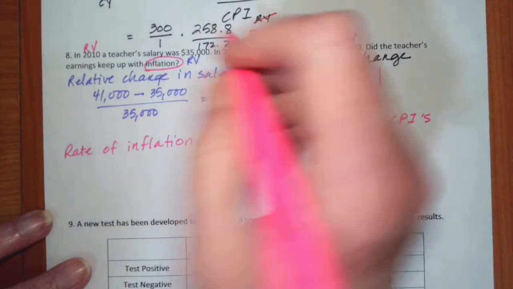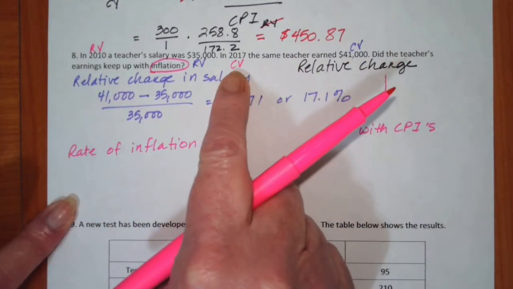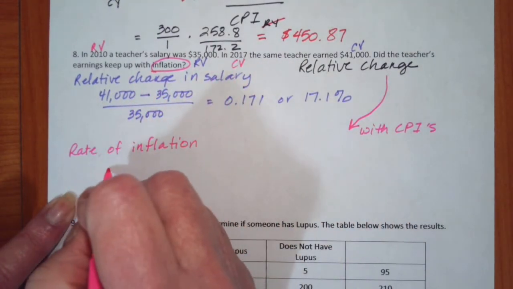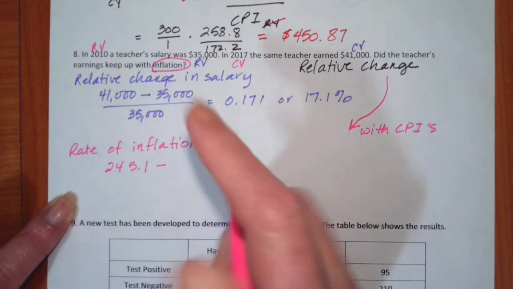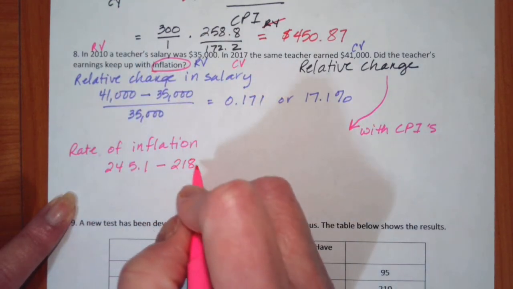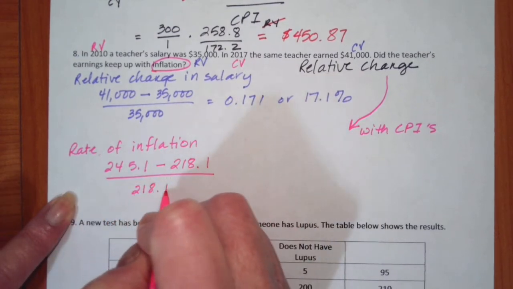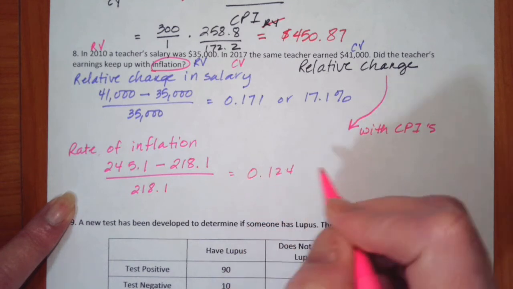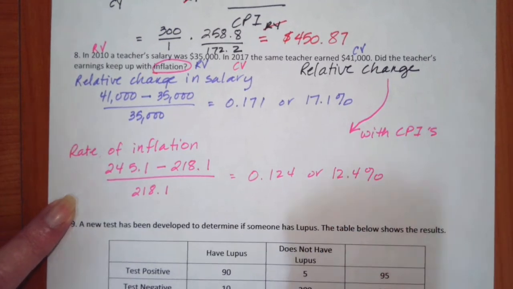Our compared value is 2017. So we're just going to have to look those up on the table. The CPI in 2017 is 245.1. In 2010, it's 218.1. Divided by our reference value, which is 218.1, that becomes 0.124 or 12.4%.